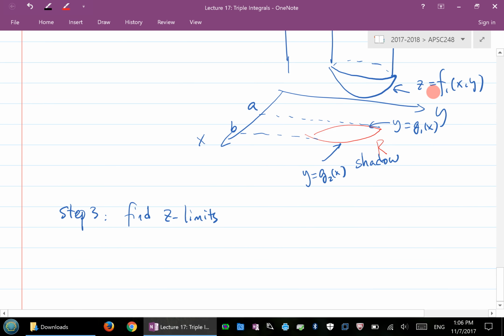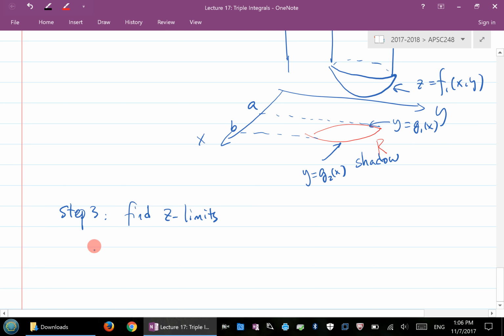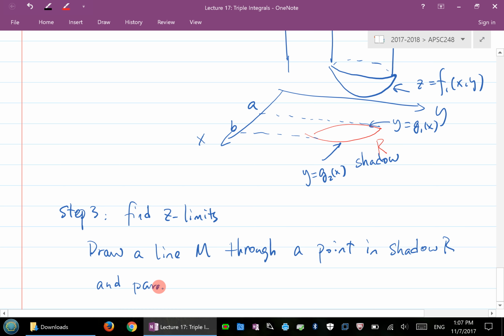Basically, you draw a line, let's call it M, through a point in region R, or in shadow R, parallel to the z-axis. So this is what I mean here.